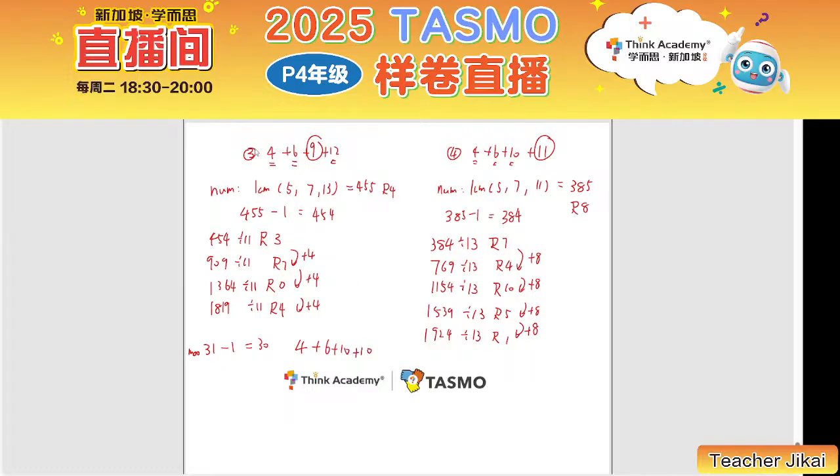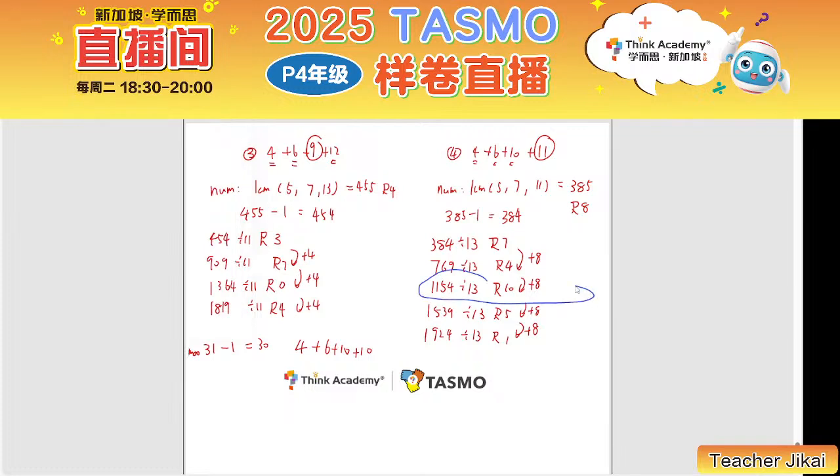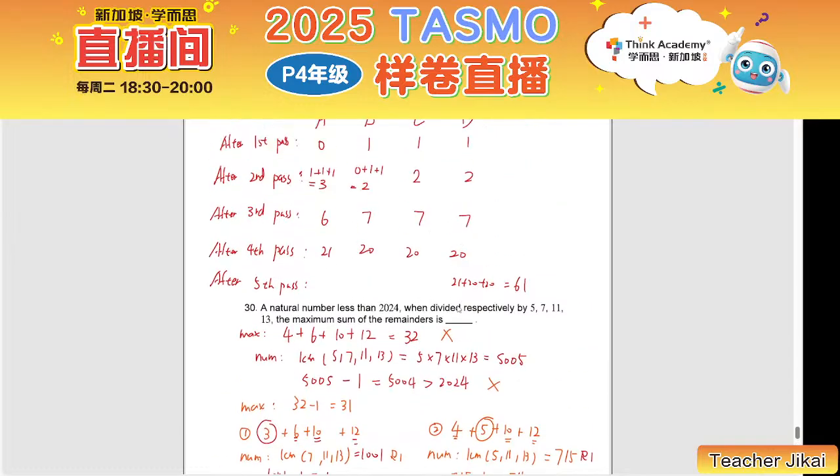Where is it? It is already in this one, 1154 here. So we know it is 30. 1154 is the correct number for it, giving you the remainder 30 here. So then you just try it out. The answer here is 30. So any questions here? If no, then we can finish today's lesson.